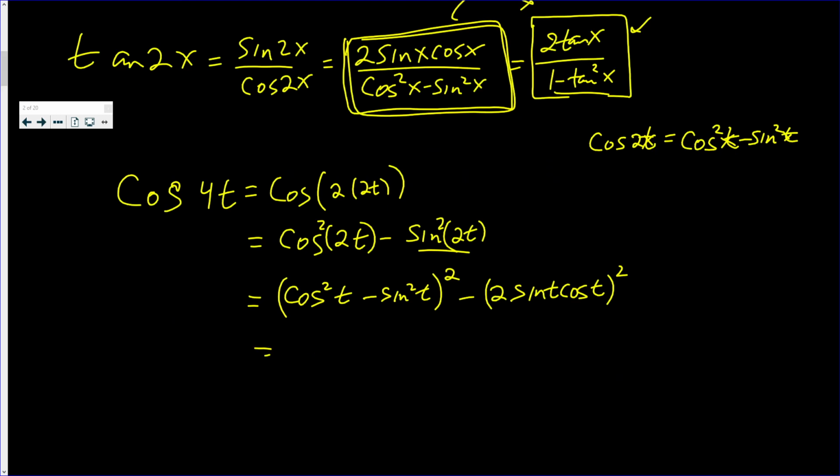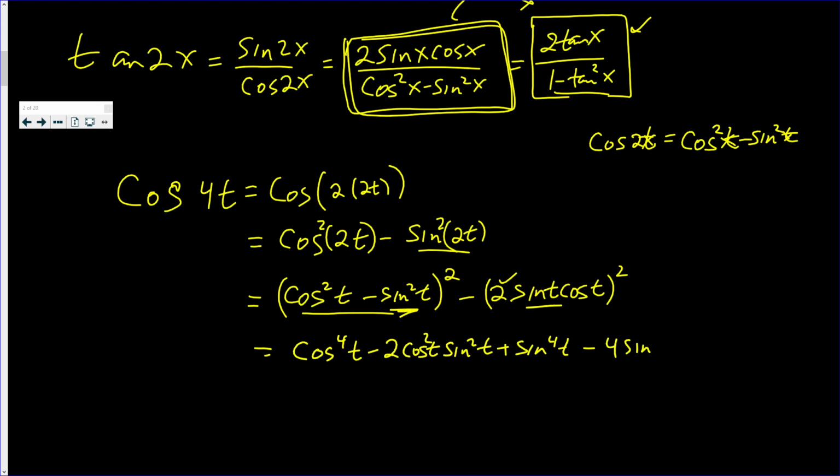Now, when I square this, I get the first squared minus 2 times the first times the second plus the second squared: sine to the 4th t, minus 2 sine t squared cosine t squared. And I can combine some terms.